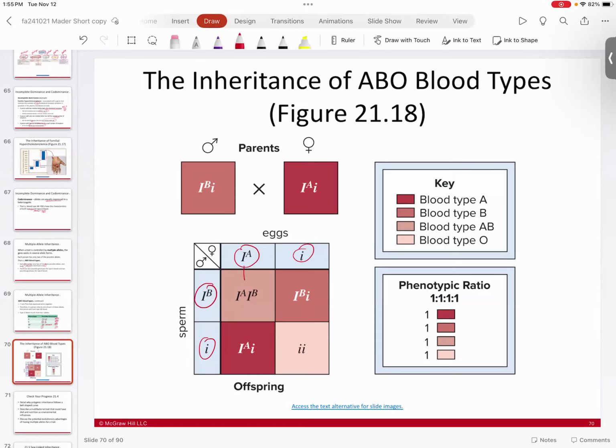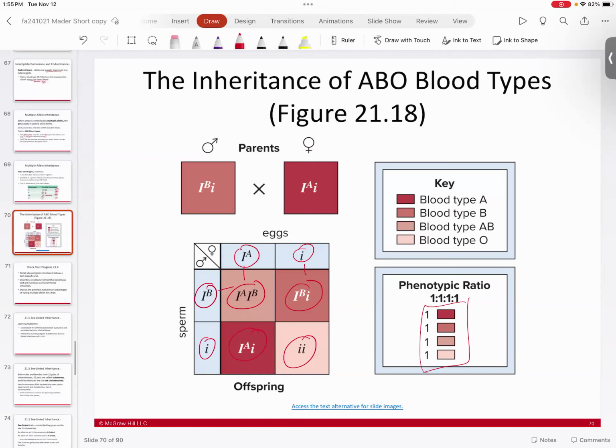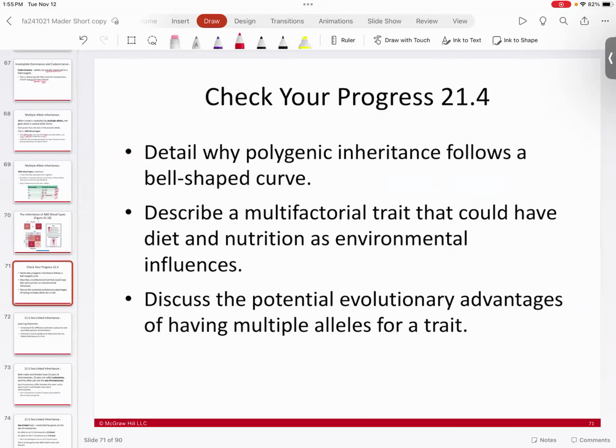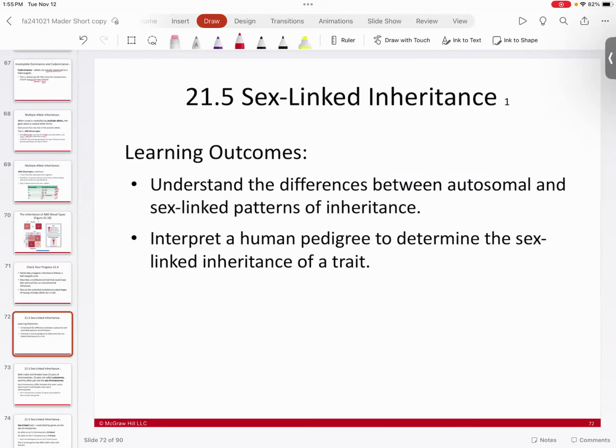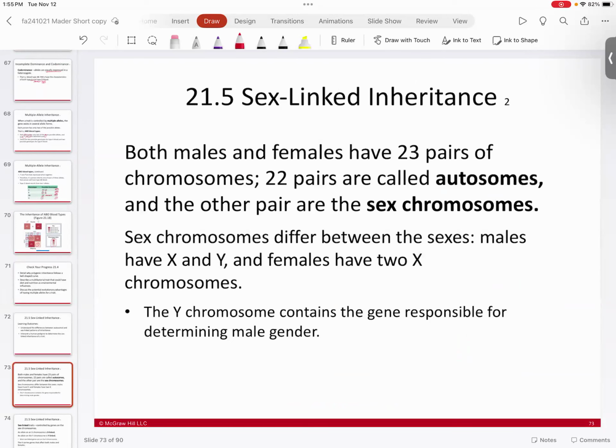So if you cross these two first, you're going to get an AB baby. If you cross these two, you're going to get a B type. These two, you're going to get A type, and then an O type. So you're going to get 1 to 1 to 1 to 1. That's what happens with this particular mating. That gives you an idea of some of the pairing possibilities associated with multi-allelism with codominance going on at the same time.